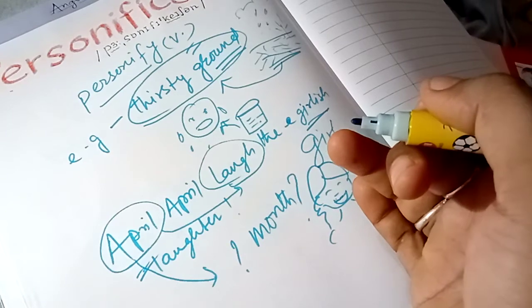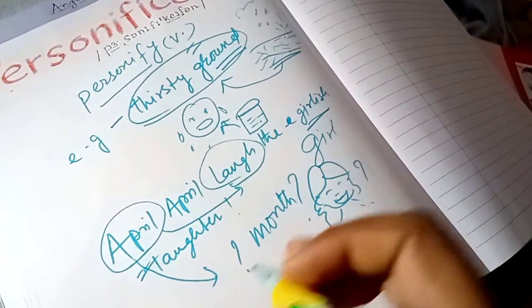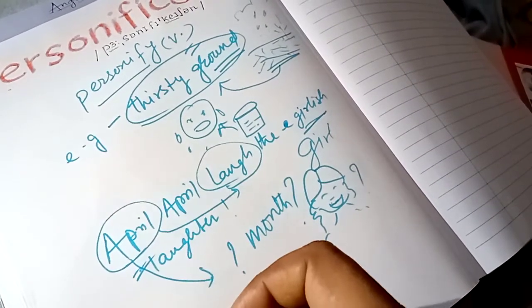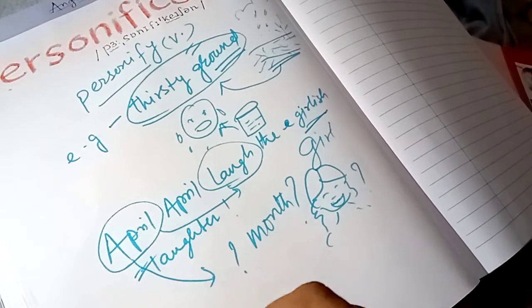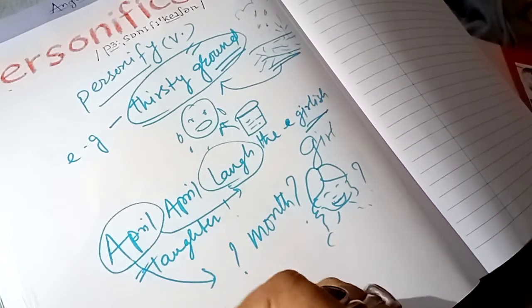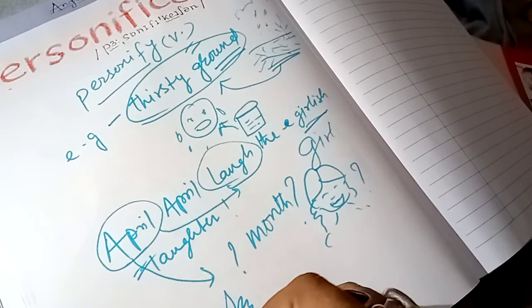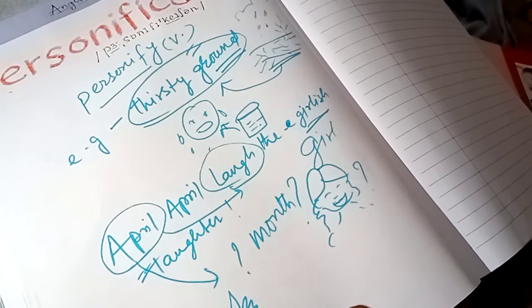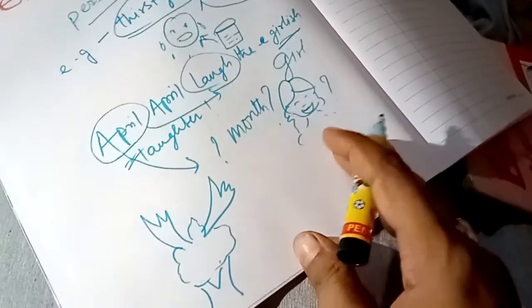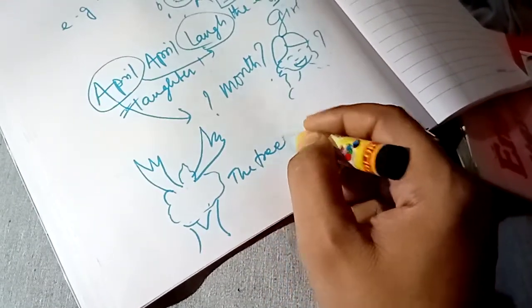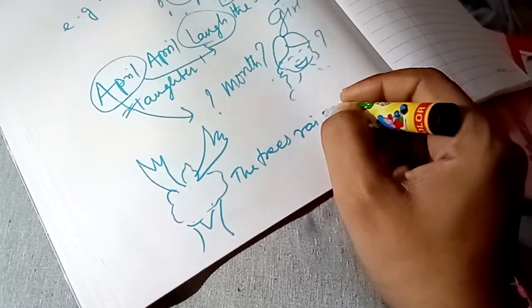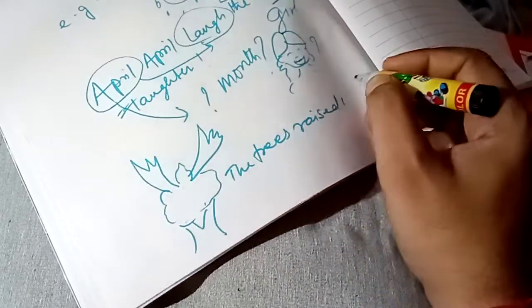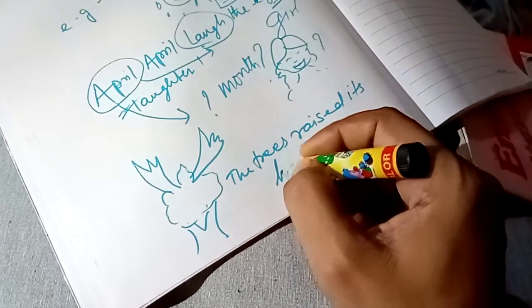Okay, one more example. The trees raised its hand. The tree raised its hand in search of water. So this drawing suggests that the trees raised its hands.